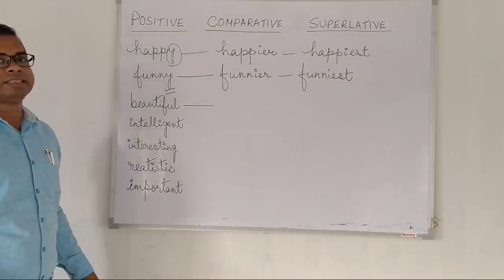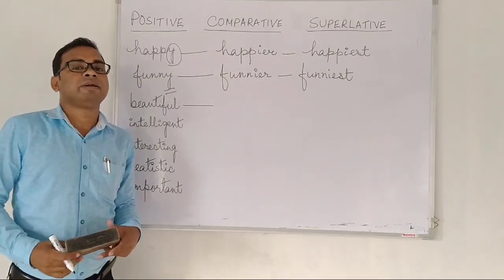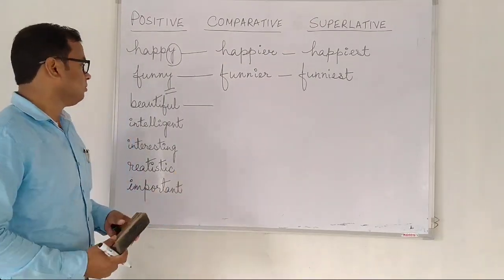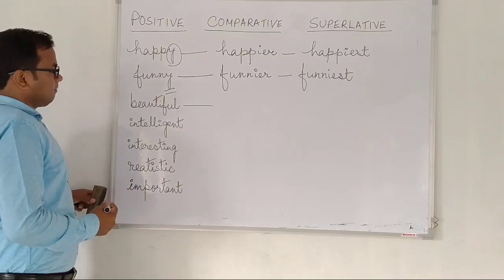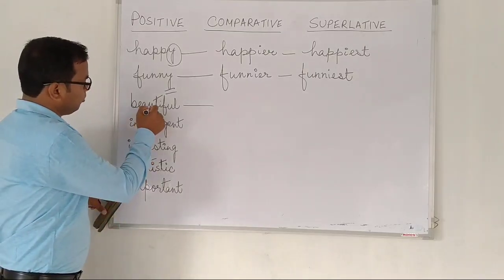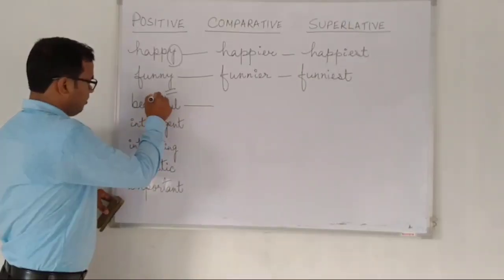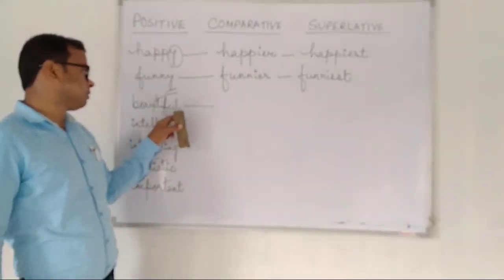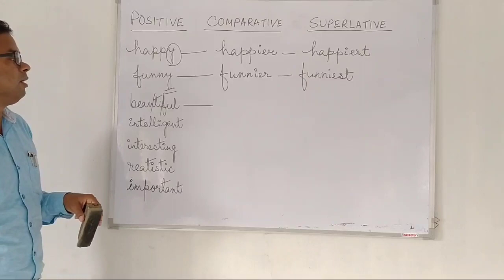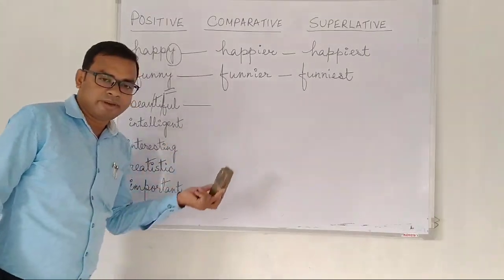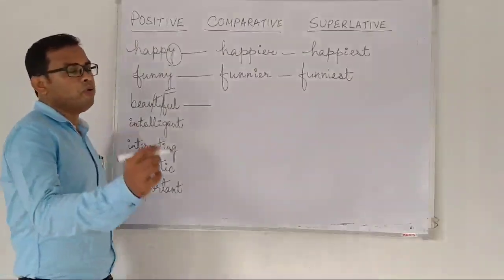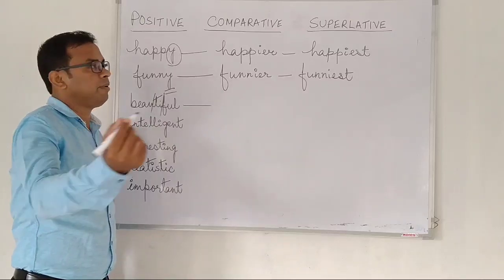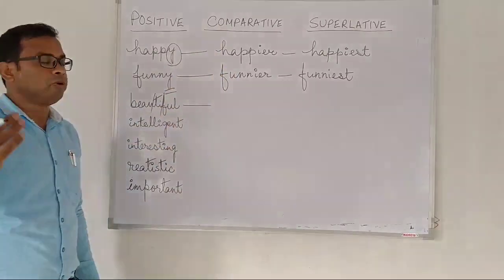Now beautiful. So this is a long syllabic word. How many syllables are there? You can see beautiful. That means there are 3 syllables. In case of long syllabic words, we use more and most in order to make it comparative and superlative.